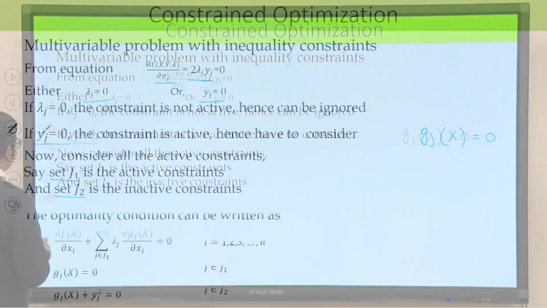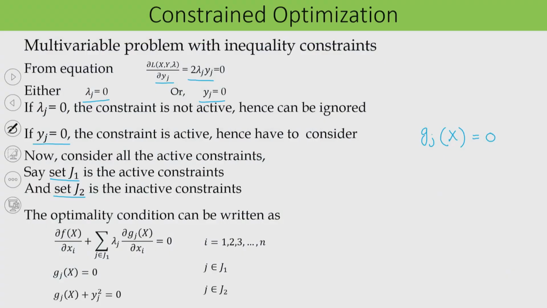If I know that, then I can write the necessary condition like this: del f by del x i plus the summation, now only considering the set J1, which are active, with i equal to 1 to n.